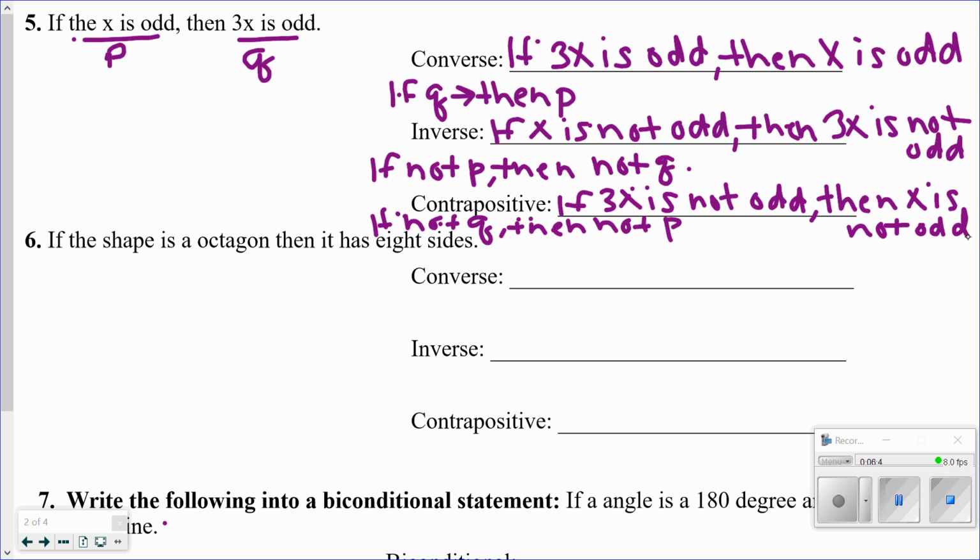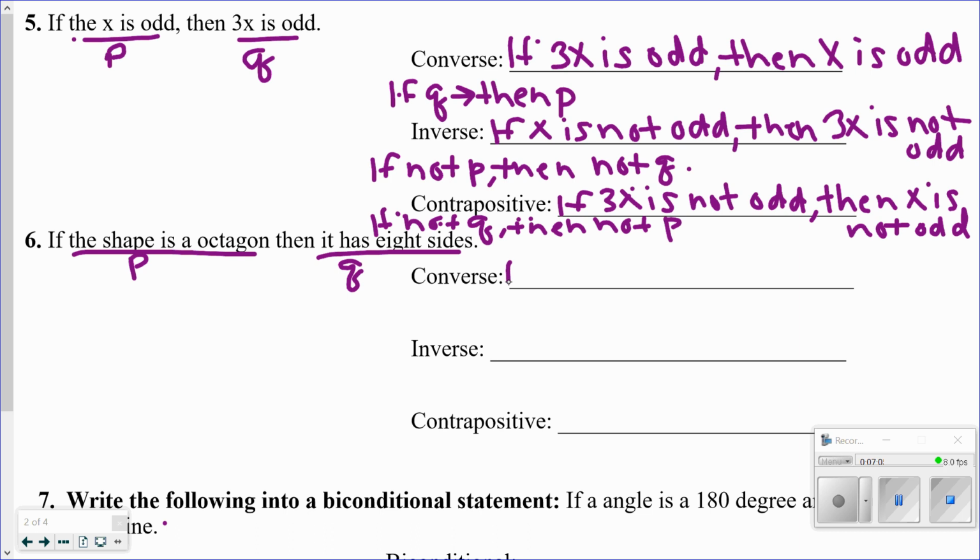Number 6, if a shape is an octagon, then it has 8 sides. So once again, let's start off with writing our p and q. So p would be the shape is an octagon. And our q would be it has 8 sides. All right, so the converse then would be taking our p and q statement and flipping it around.